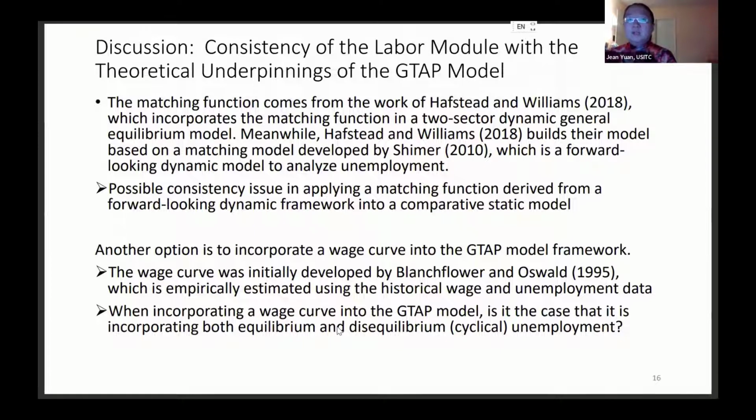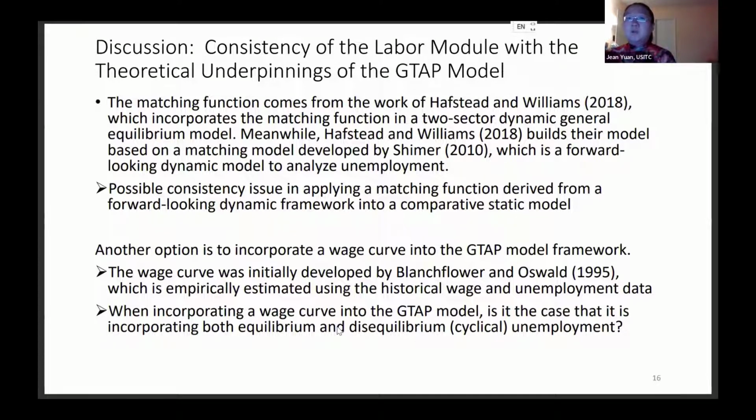So what we found is that this matching function that is put into the GTAP labor model comes from the work of Huxley and Williams in 2018, which incorporates the matching function in a two-sector dynamic forward-looking general equilibrium model. And then Huxley and Williams built their model based on a matching model developed by Schimmer in 2010, which is also a forward-looking dynamic model to analyze frictional unemployment.